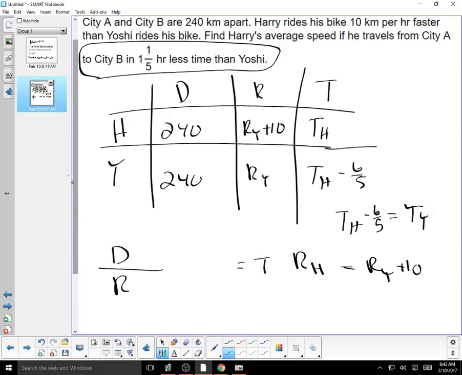Time is 6/5? Because that's the only time we really have. But that's not the time. The time is 6/5 less than Yoshi. Is that what they're doing?